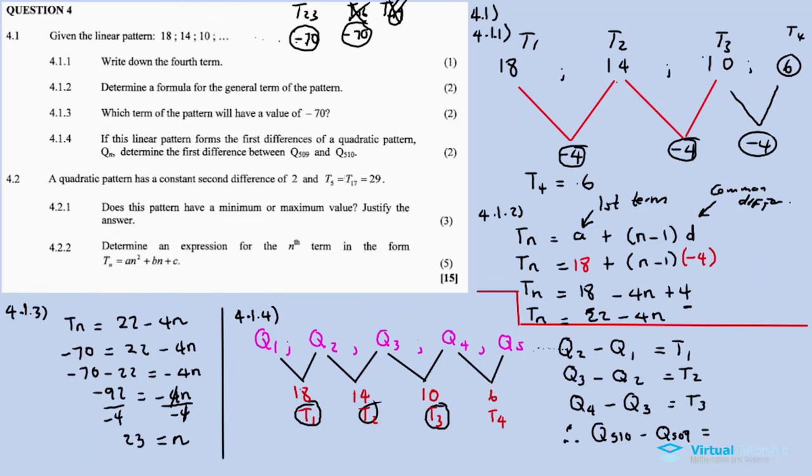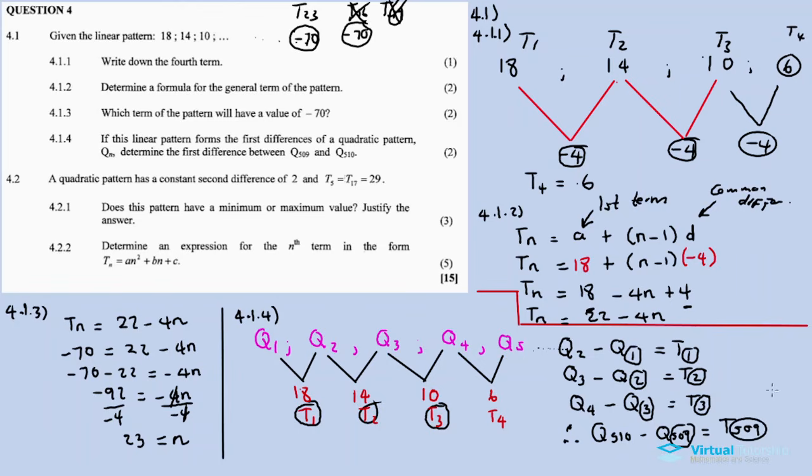Is it equal to 509? Look at the pattern here: Q1, T1; Q2, T2; Q3, T3. Hence here Q509 will be T509.